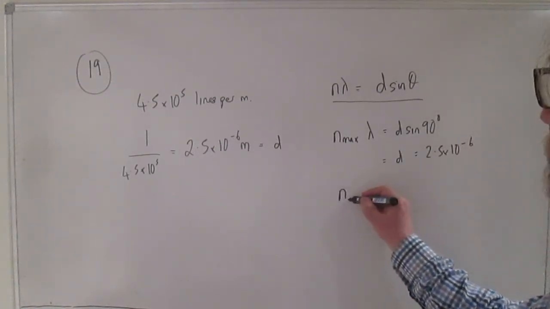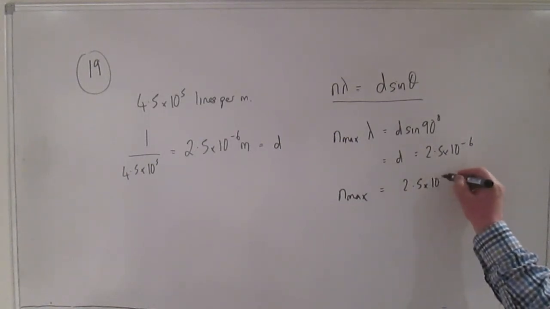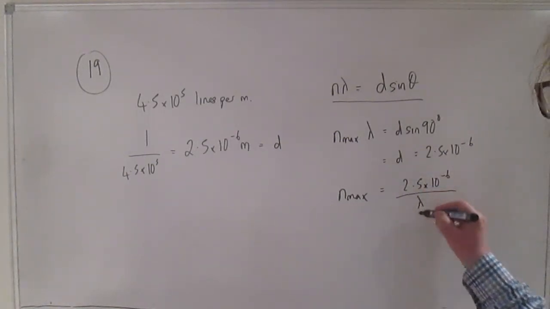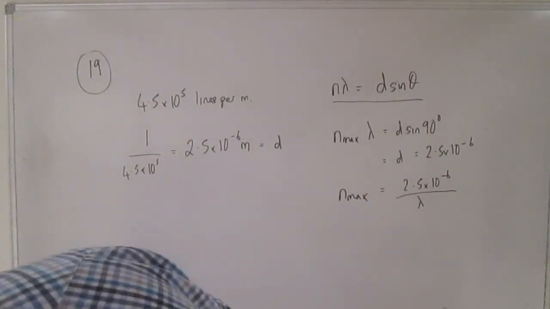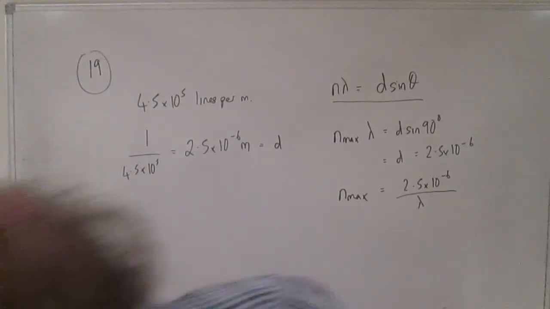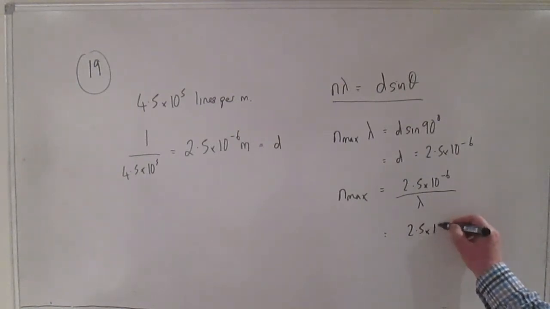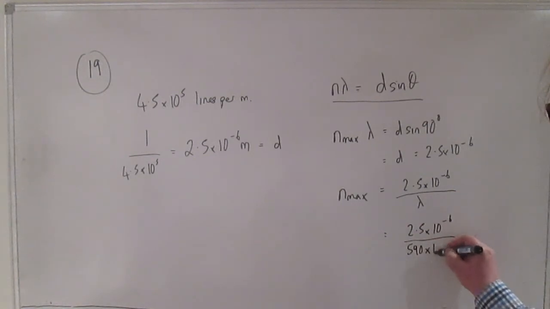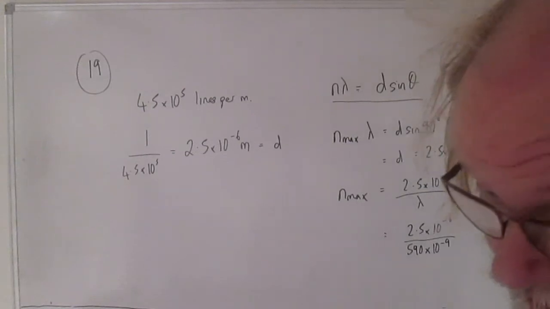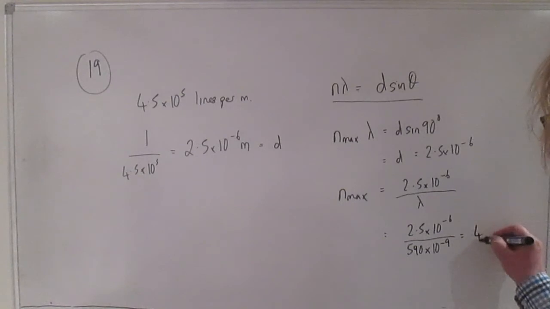So we can say that n max is equal to 2.5 times 10 to the minus 6 divided by lambda. And it tells us in the question that lambda is 590 nanometers. So that's 2.5 times 10 to the minus 6 divided by 590 times 10 to the minus 9. Remember, a nanometer is 10 to the minus 9 meters, which comes to 4.24.